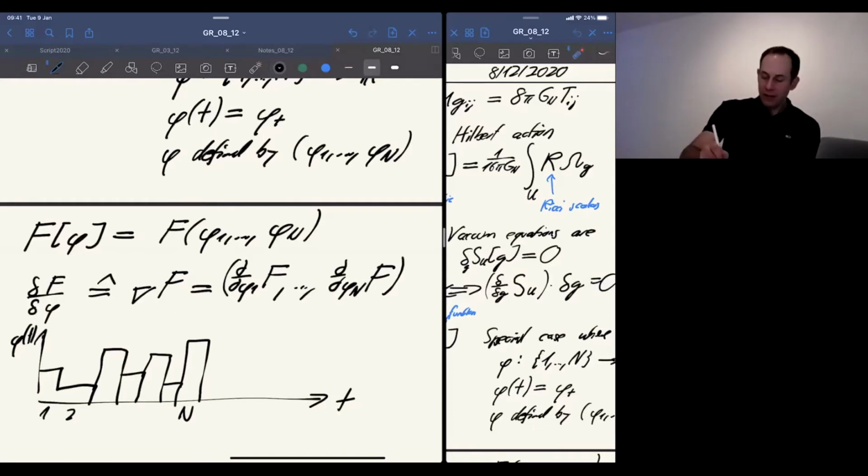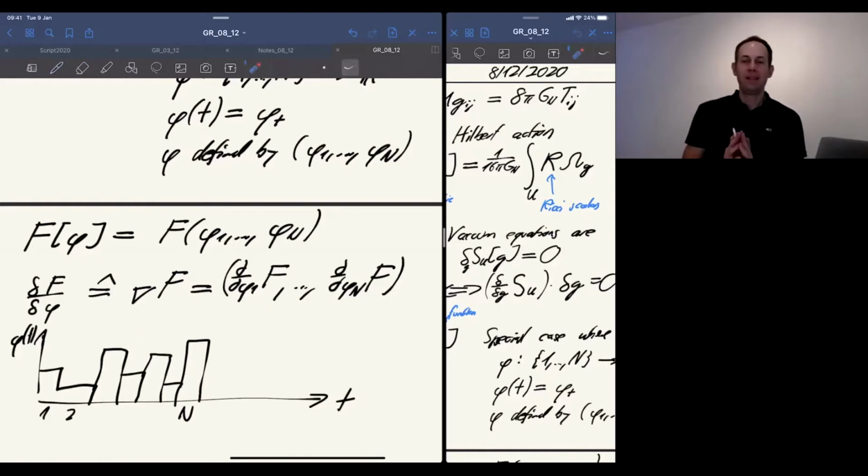Of course, the reason why we are even looking at a different notation is that we are not interested in a discrete function, one which only takes discrete values. For us, the function phi will itself be a function on the reals or even on the manifold. And in this case, if we would use this notation, there would be infinitely many inputs, not even countably many, because for any real number t, I would need to provide an input and vary the function there.